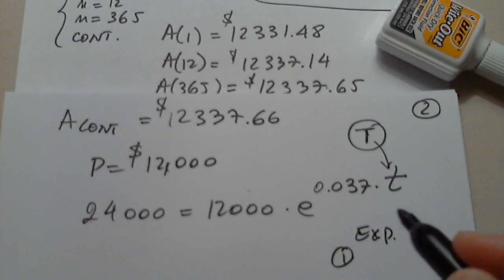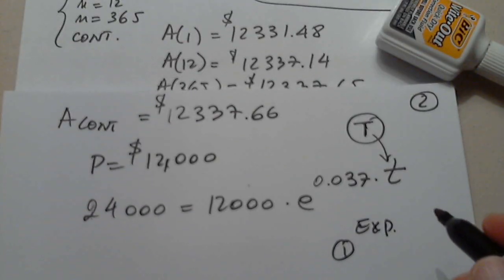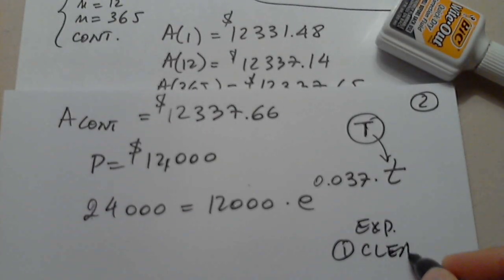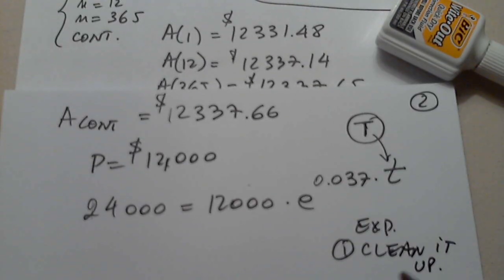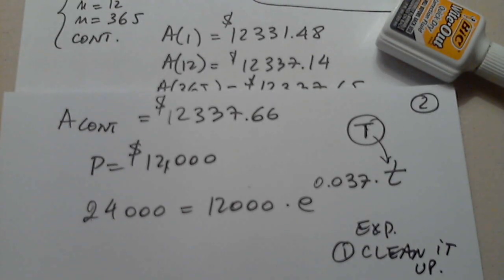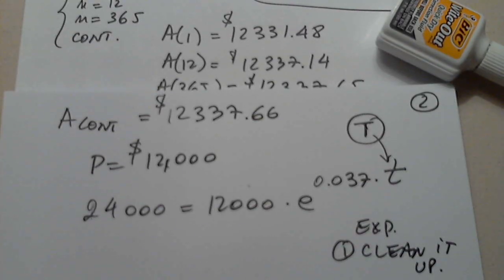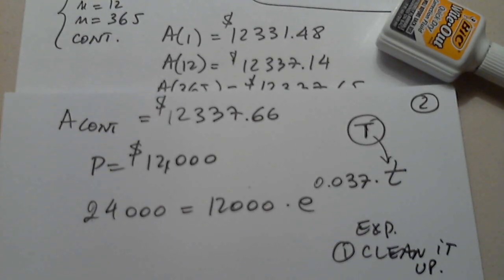Remember, the first step, which is not in mathematical terms, is to clean it up. Clean it up, please remember. How do I clean this equation up? Because at this point, I can't do much. What do you think we should do to clean it up?